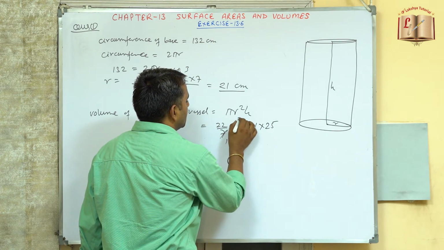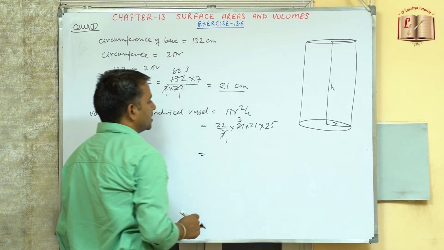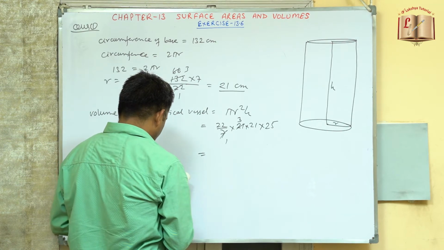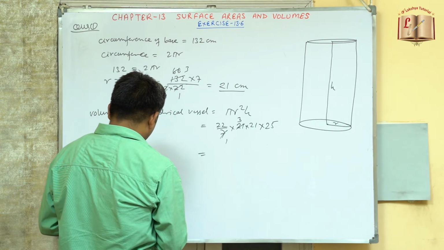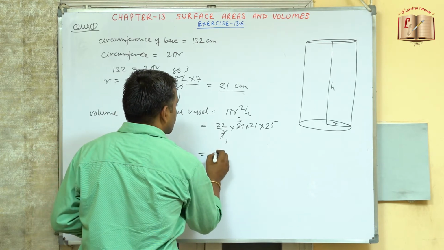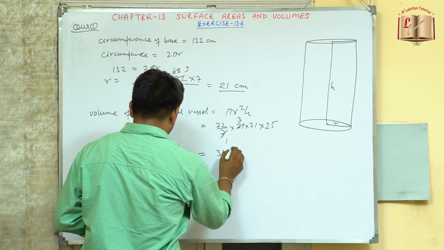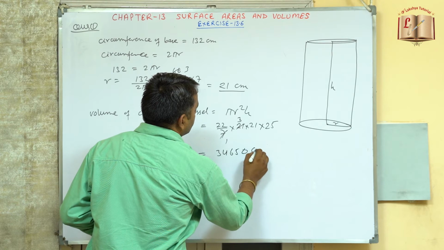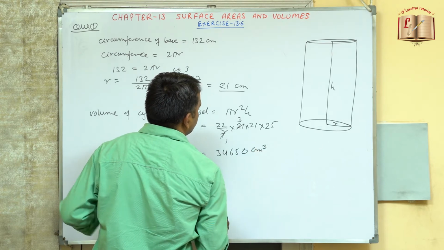So on multiplication we've got 34650 centimeter cube.